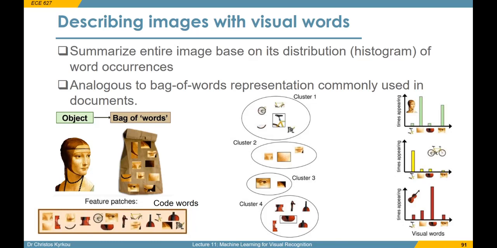Then for each cluster we have one visual word that is the most descriptive. Using that descriptive word, we can build a histogram of how much of that particular patch appears in each of these images. Then we can build a description of each image using this histogram.